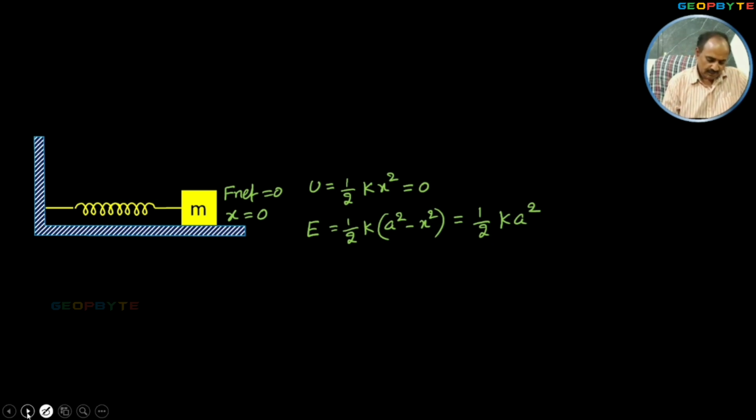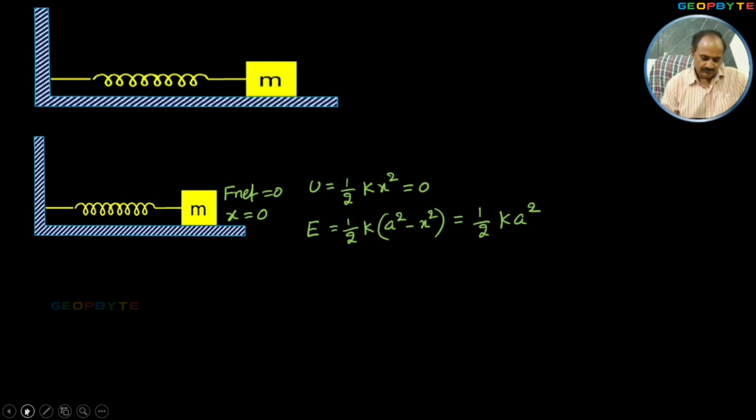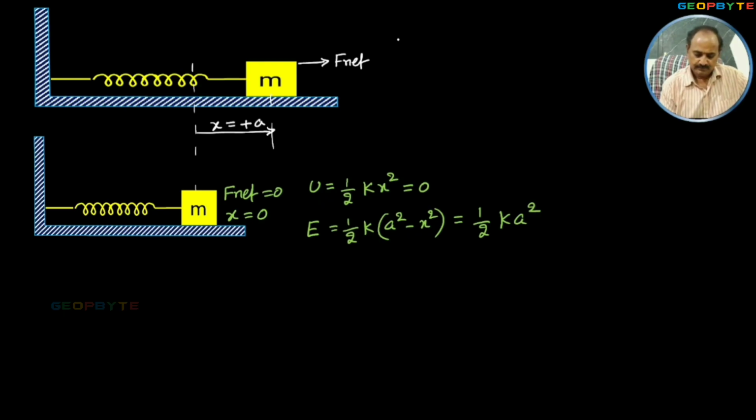But if I apply a tensile force, the net force like this, here x is measured with respect to the mean position, this is x equal to plus a. Then what will be the potential energy?